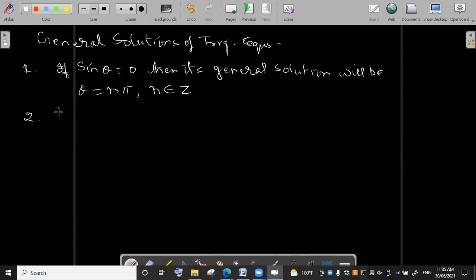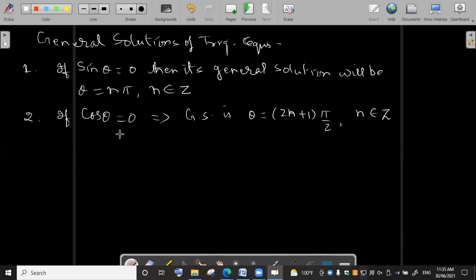Now I will write in short: if cos theta is equal to 0, this implies that the general solution will be theta is equal to 2n plus 1 pi by 2, where n belongs to integers.